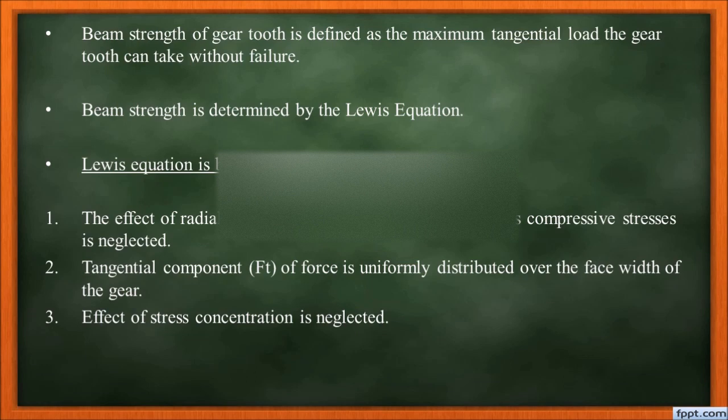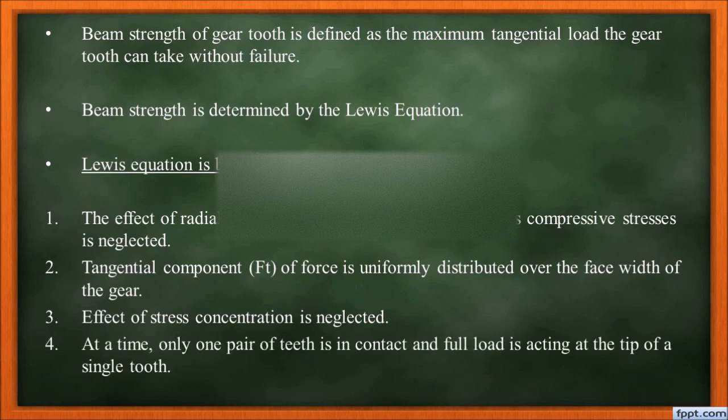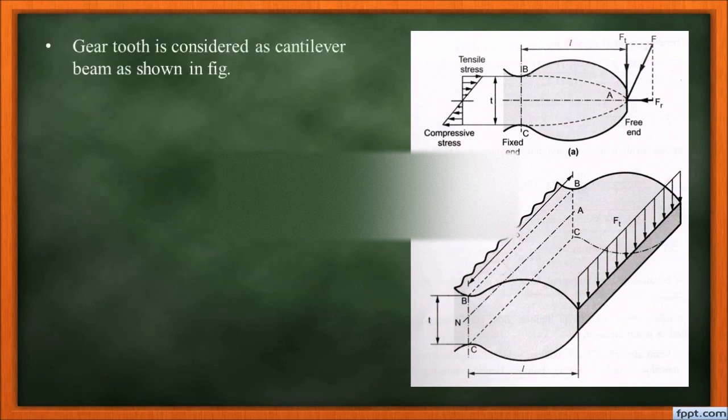Third assumption, effect of stress concentration is neglected. Fourth assumption, at a time only one pair of teeth is in contact and full load is acting at the tip of a single tooth. So these were assumptions made for the Lewis equation.